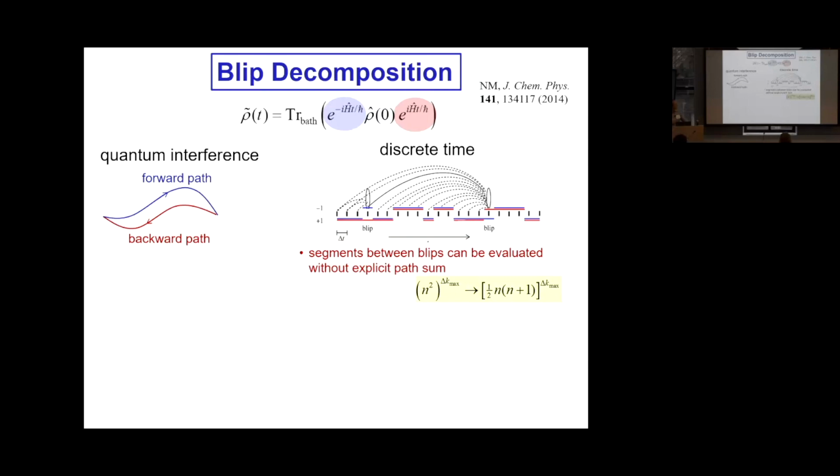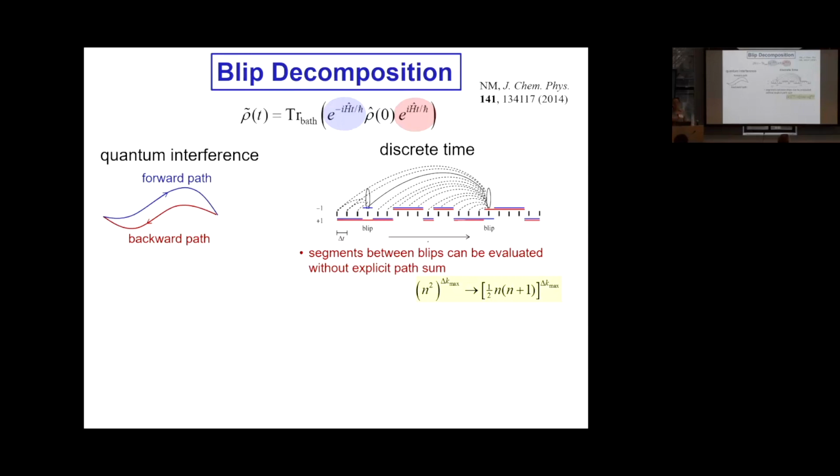So if you look at the path integral, the influence functional structure, you realize that between blips, we have no interactions except those that are shown here as dashed lines coming from a blip that is in the future, which means we can evaluate the sum over all the path integral variables in between blips without doing the full path sum.